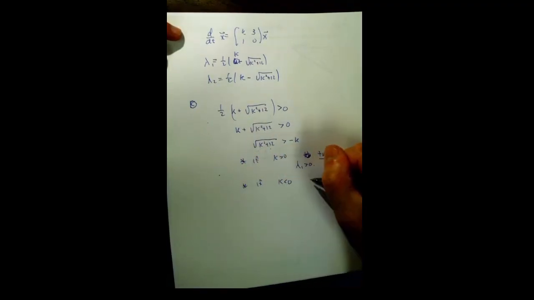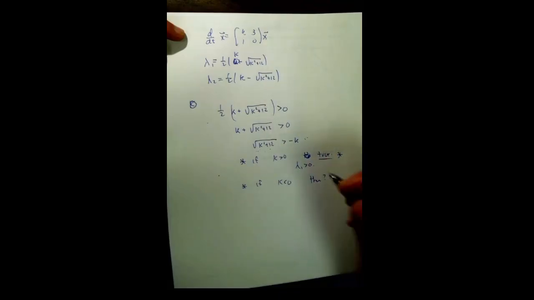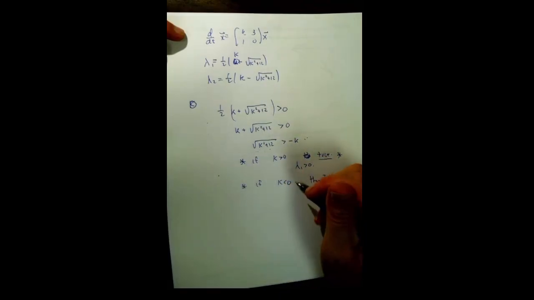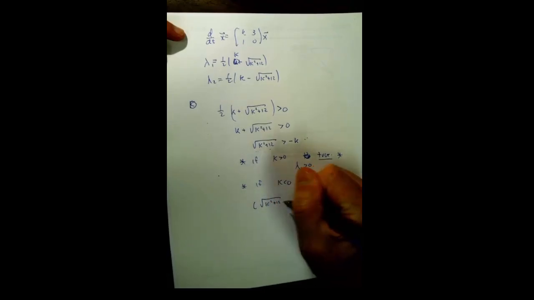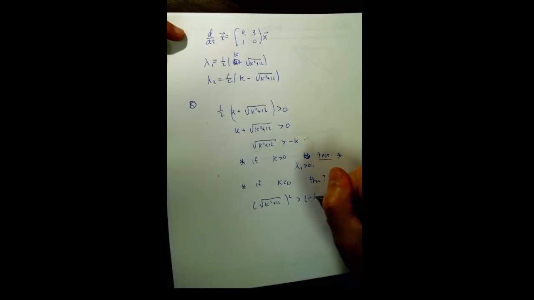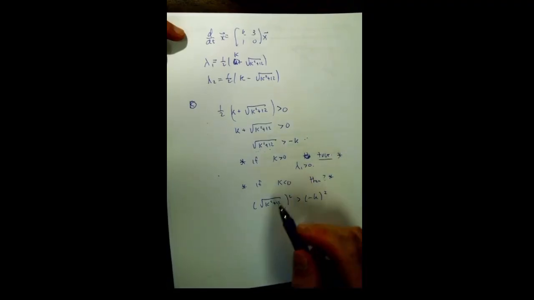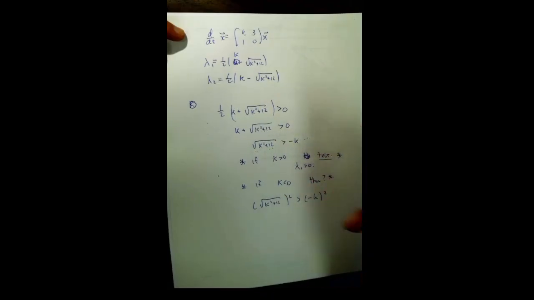If k is negative, then I have to ask, what does this imply? Is this still true? If I square both sides, it should still be greater than, right? If I take a bigger number and square it, it's going to be bigger.